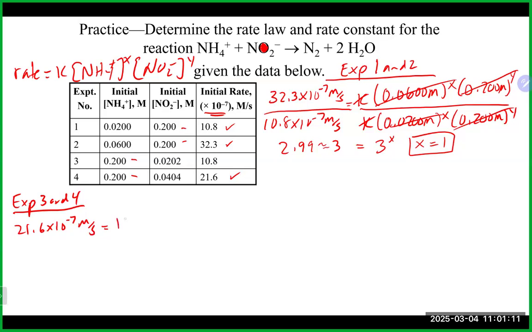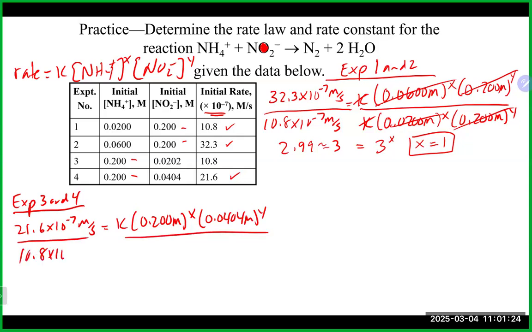molar per second, equals k times 0.2 molar to the X and 0.0404 molar to the Y. Dividing it out, 10.8 times 10 to the minus 7 molar per second equals k times 0.2 molar to the X and 0.0202 molar to the Y. Dividing out 21.6 to the minus 7 by 10.8 to the minus 7 gets us a 2, which is good.